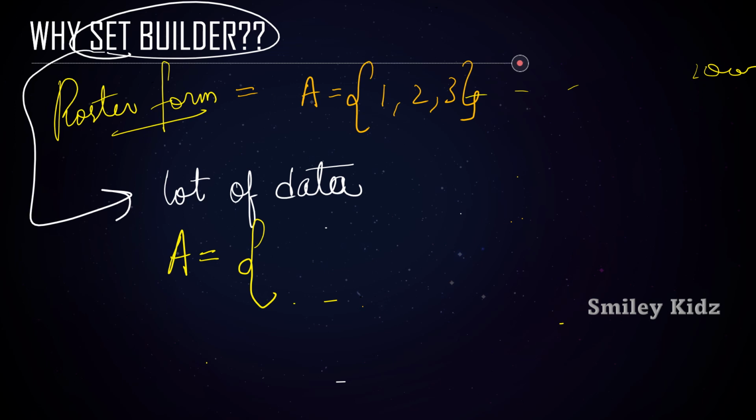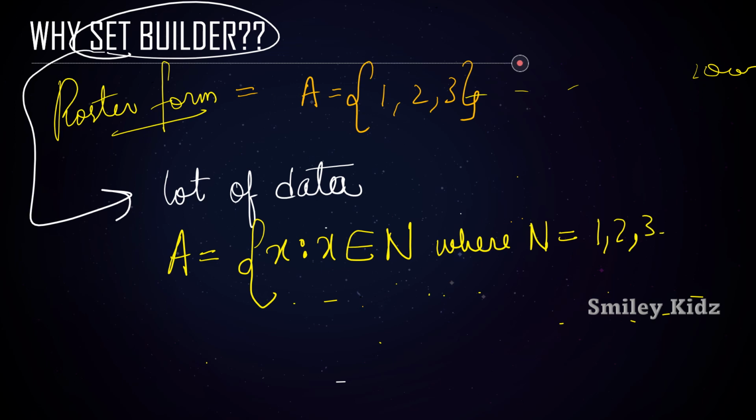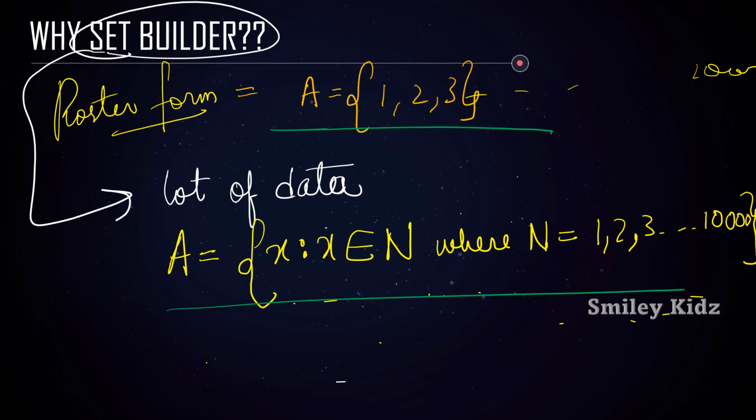Here I'm going to write it as x such that x belongs to natural numbers where n is equal to 1, 2, 3, and so on till 10,000. In this way, I represent this data in the set builder form. It has been completed in one statement.